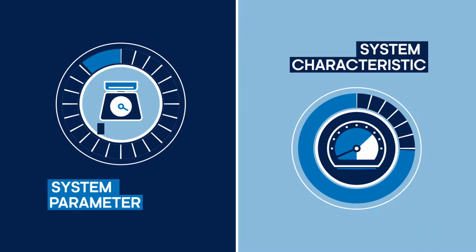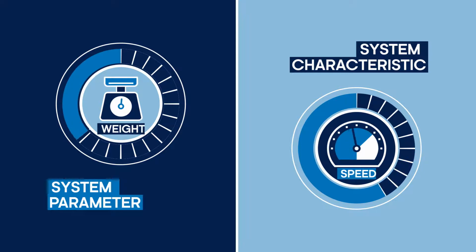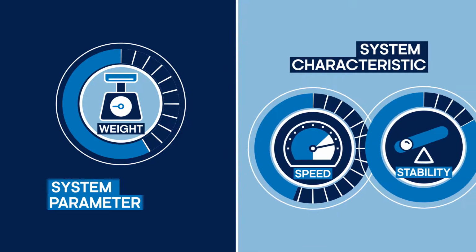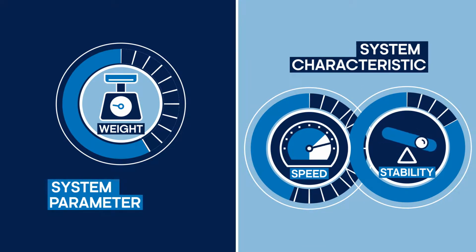In order to generalize the problem, we might say that changing a system parameter, such as weight, causes an improvement in a system characteristic, speed. However, this change in system parameter also causes poorer performance in a different characteristic, that is, in the motorcycle's stability.